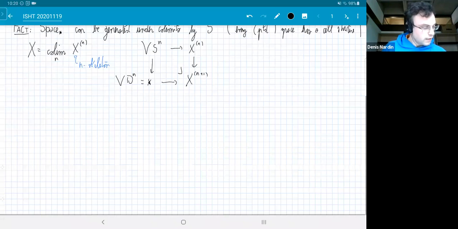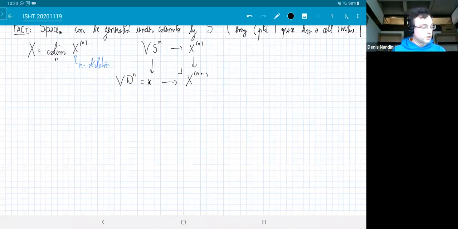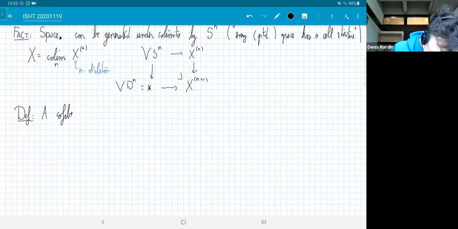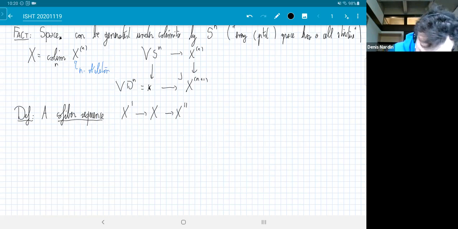Okay, if you don't, let me first add a definition I should have given last time. A cofiber sequence, which I'm going to write as X' goes to X goes to X'', is just a homotopy pushout diagram. I said I wouldn't use homotopy anymore.